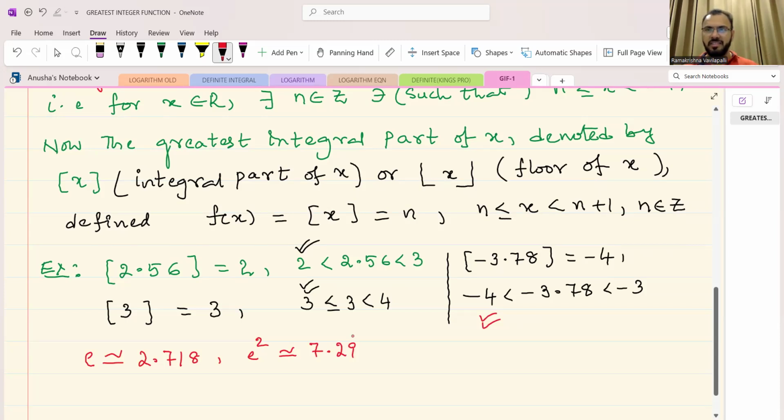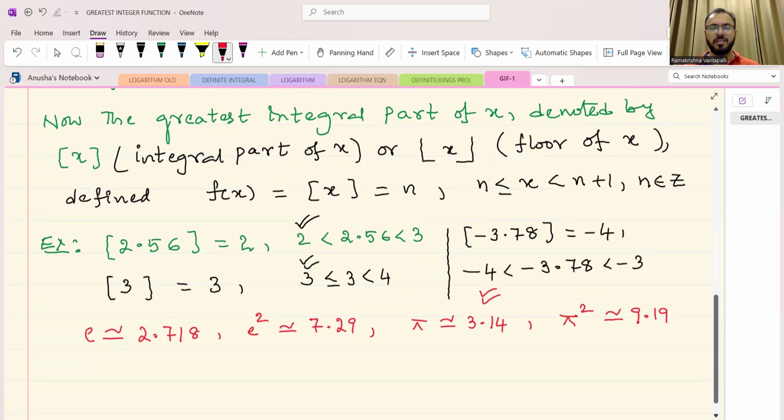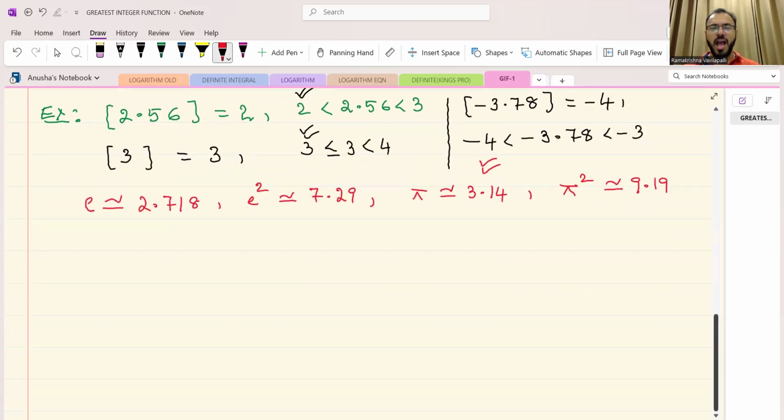Pi is approximately 3.14, and pi square is approximately 9.19, I'm assuming. Now I would like to write the integral part of some irrational numbers.